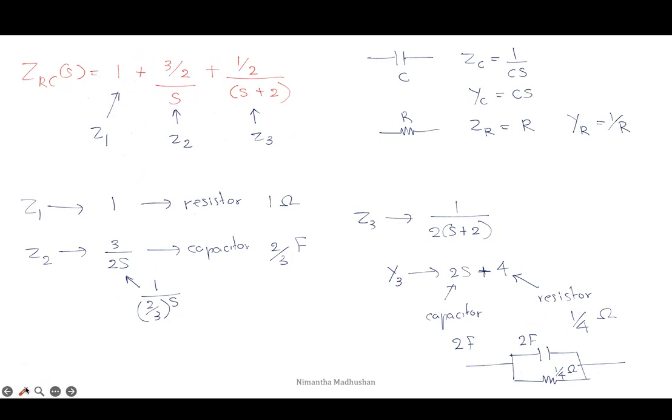Then I can draw the final circuit. Z1 is a resistor R1 with the value of 1 ohm, and Z2 is a capacitor C1 with the value of 2 over 3 farad. Z3 has two elements, a capacitor and a resistor, connected in parallel. These two elements are connected in series with the resistor and capacitor.